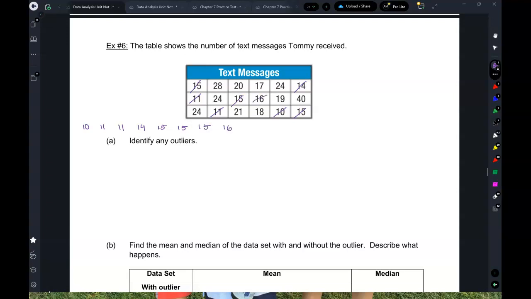How many 17s? I see an 18. 19. A couple of 20s. A 21. 3 24s. A 28 and a 40.